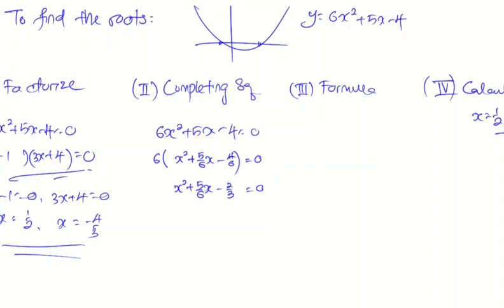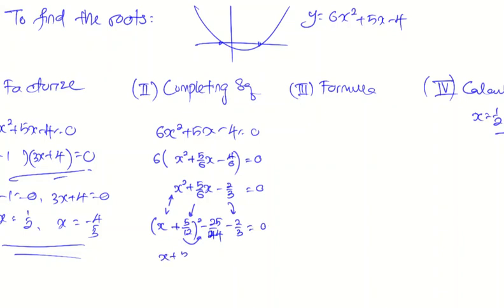Then after that you need to make sure that it must be 1 in front. So x, I put it here, and then I put 5/6 divided by 2, that means (x plus 5/12) squared, minus the square of this one, 25/144, and then copy again, minus 2/3 equals 0.